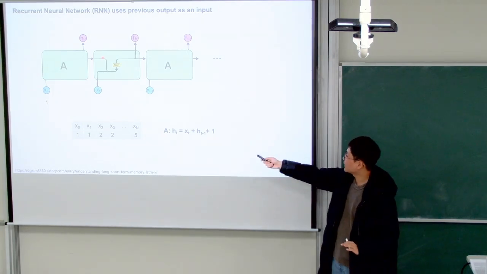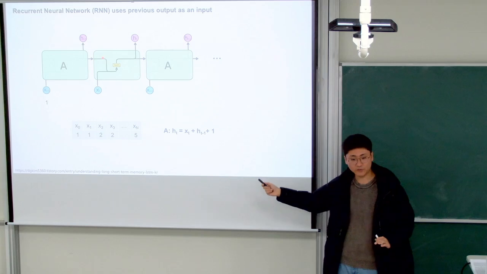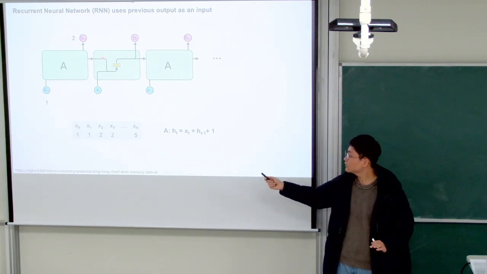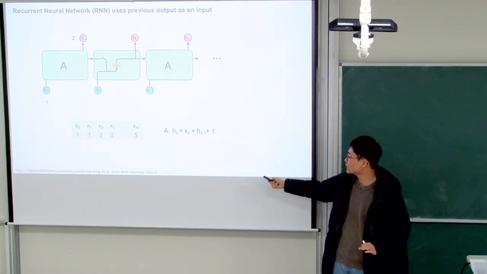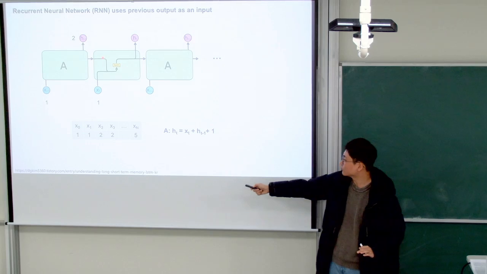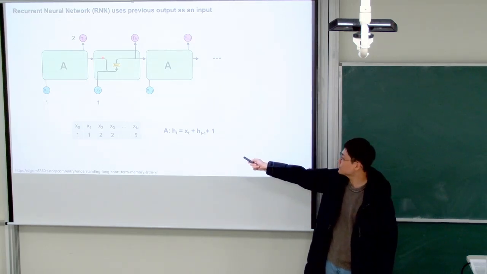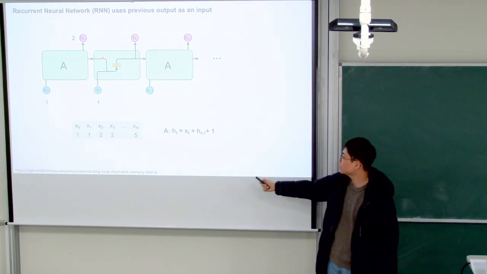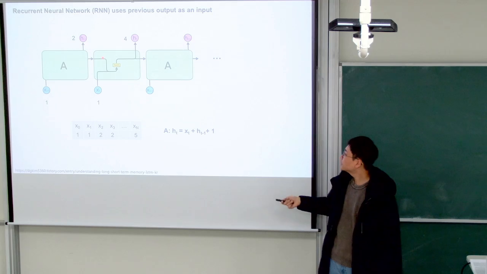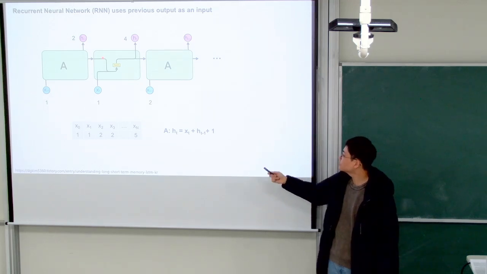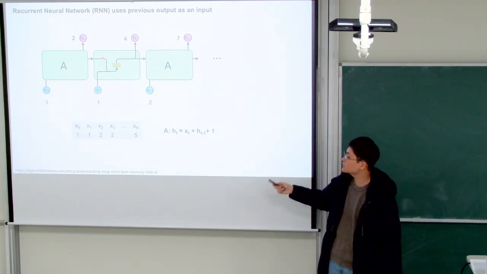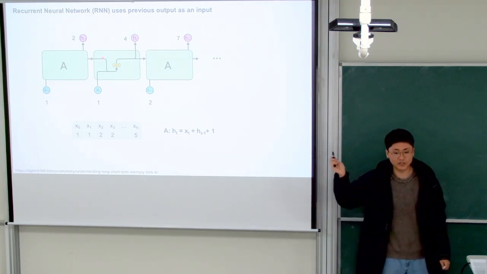Then the output would be 2, right? For this equation. Then we plug in the x1 value here, and because the previous output was 2, we get 4. And then we plug in 2 here: 2 plus 4 plus 1 is 7. This is how the RNN works.